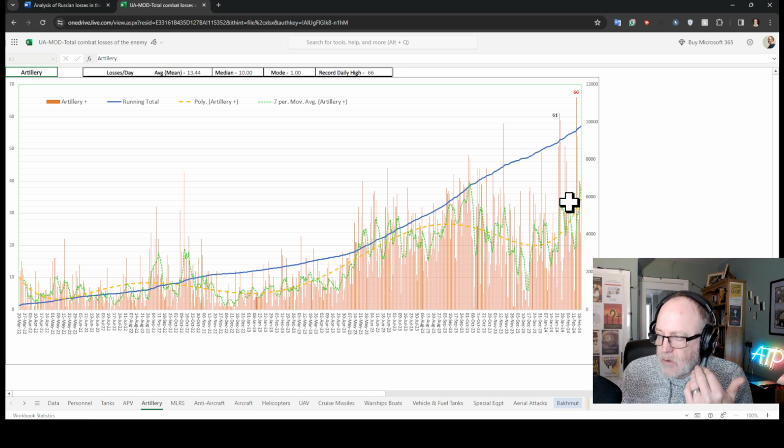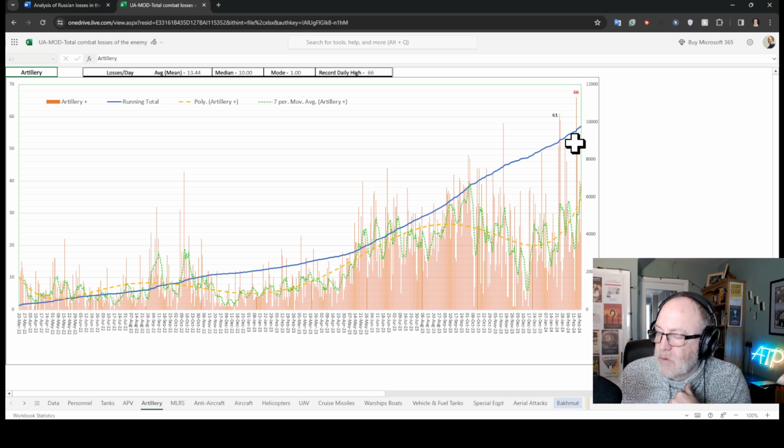However, there was still artillery being attrited, but I was questioning in these points whether Russia had not come to the end of their artillery, but were less able to replace their artillery pieces that they lost in the way that they previously had been. So I think they lost huge amounts here, but they were able to bring them out of storage so that they could continue to lose huge amounts. And then here, maybe there were just fewer pieces of artillery.